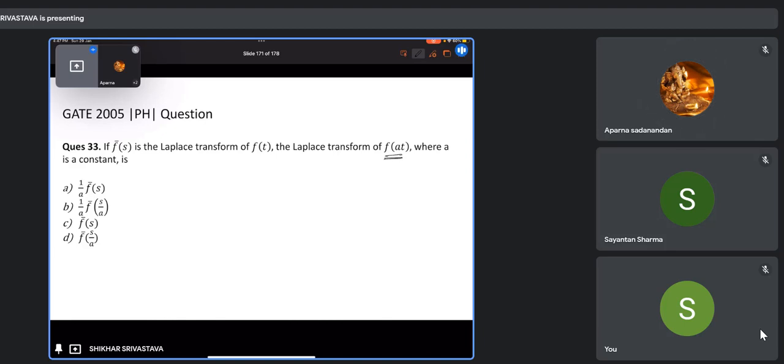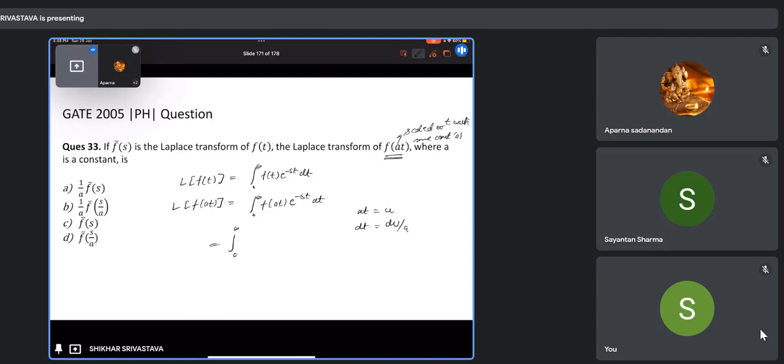Here they have multiplied t with a constant a, so it is called scaling. If the Laplace transform of f of t is the integral from 0 to infinity of f of t exponential minus st dt, then for the scaled function, you just assume at as some u, so dt will be du by a.